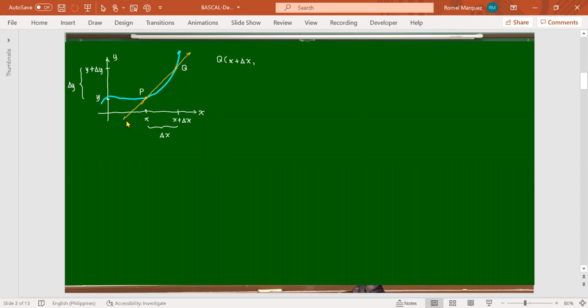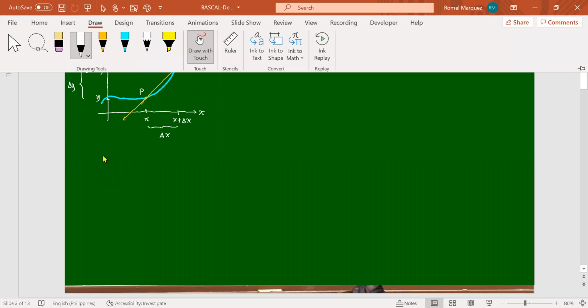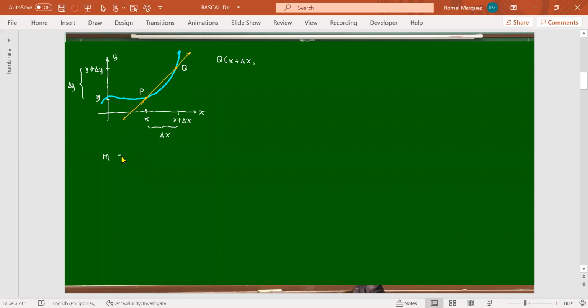Now, the slope of this is the rate of change of y with respect to x, so that is delta y over delta x.